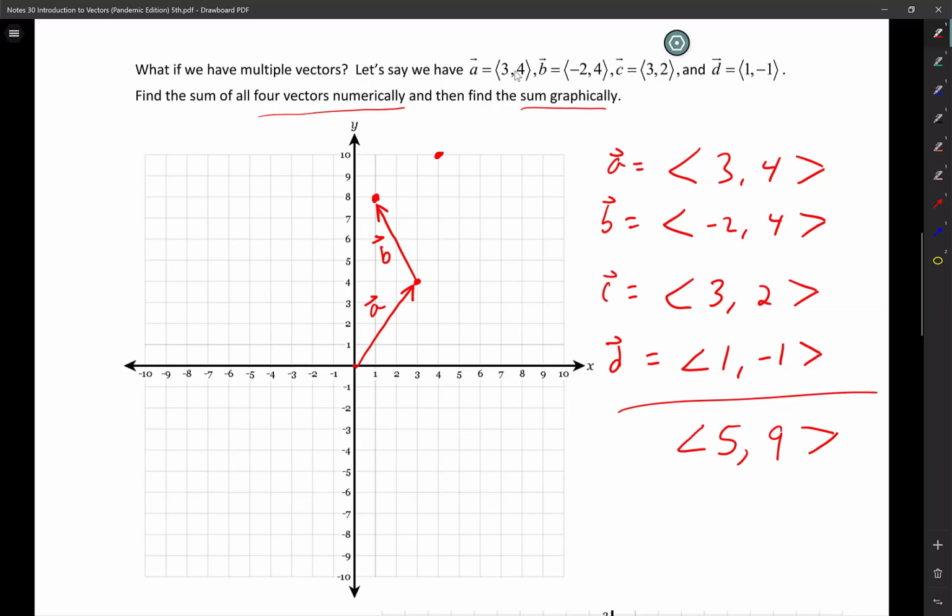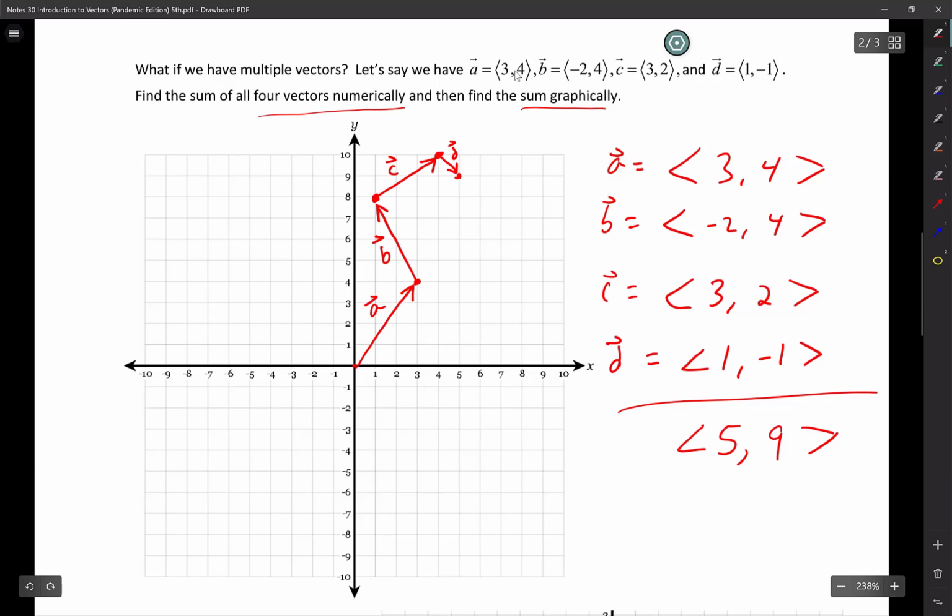And then connect them again, head to tail, put a tail on 1, 8, the arrowhead at 4, 10. That is vector C. And then finally, vector D, 1 to the right, 1 down. So this little guy right here is vector D.